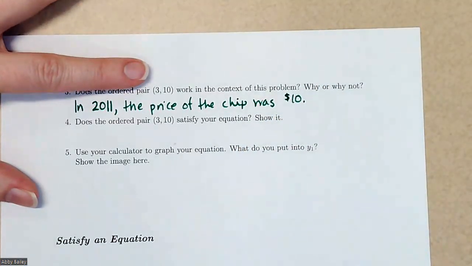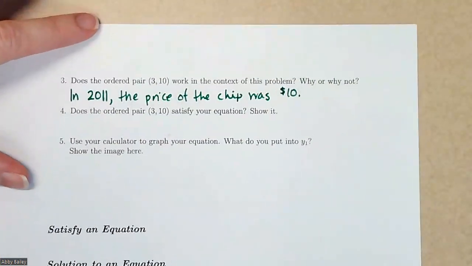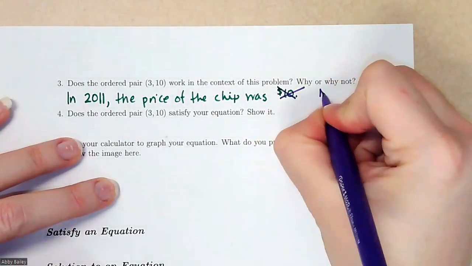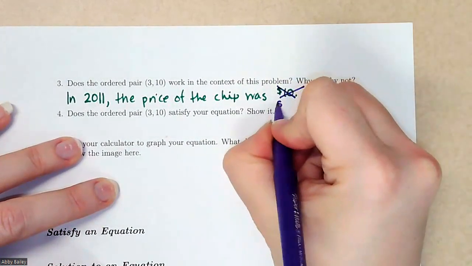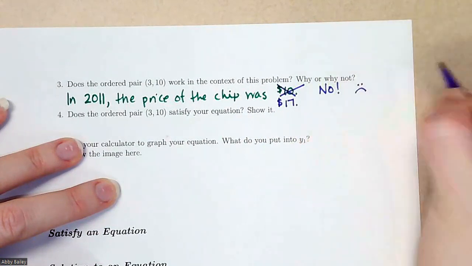No. In 2011, the price of the chip was $17. So does this ordered pair work in this context? No. It should have been $17.